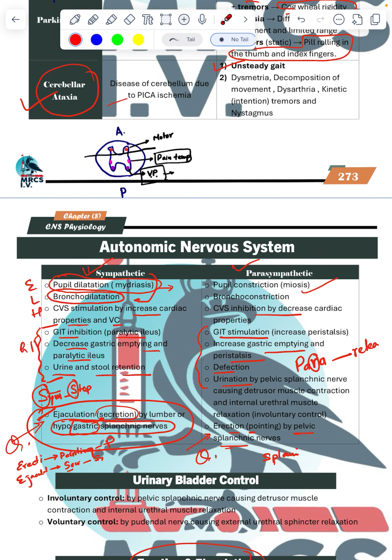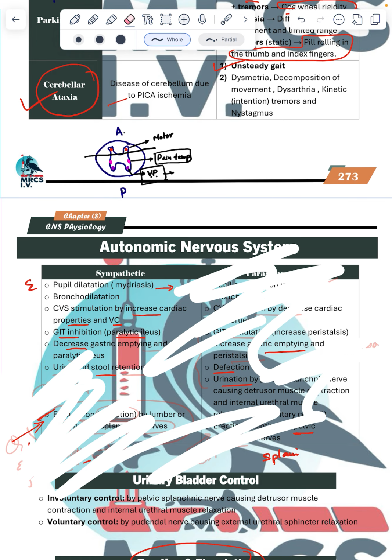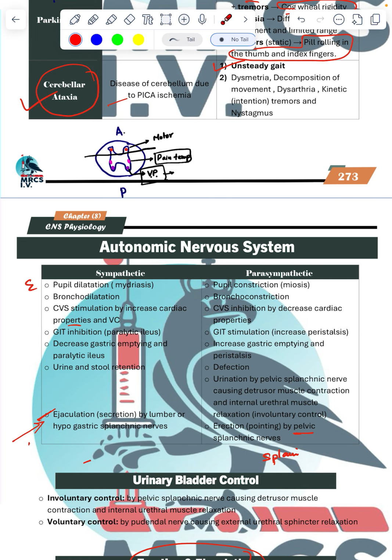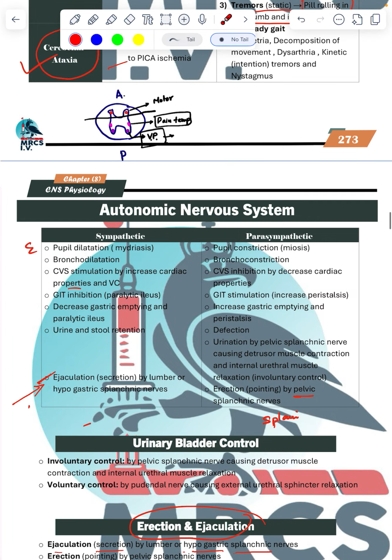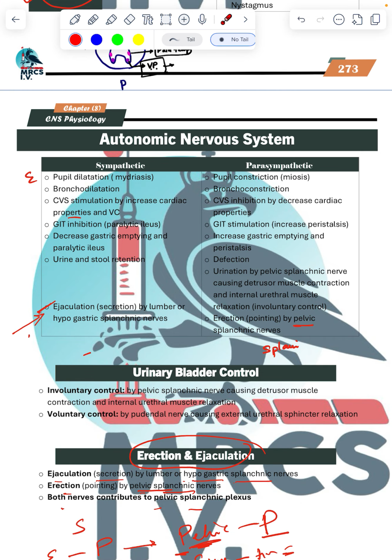Now, the autonomic nervous system. You can see there are two different types, sympathetic and parasympathetic. Sympathetic causes pupillary dilatation. Parasympathetic causes pupillary constriction.